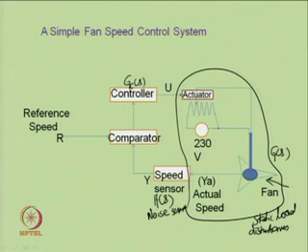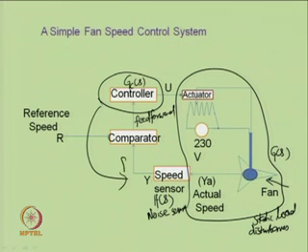Most importantly, a user has freedom to place the controller anywhere in the loop, in the closed loop control system. The controller can be in the feed forward path, whereas it can be located in the feedback path as well.